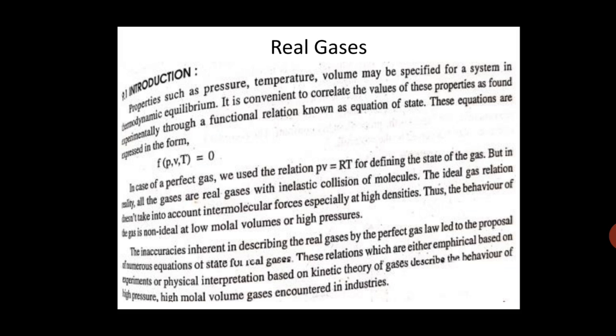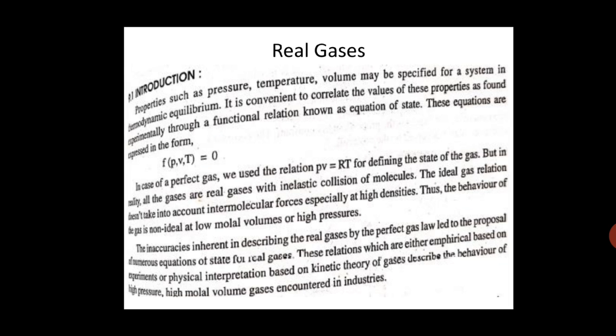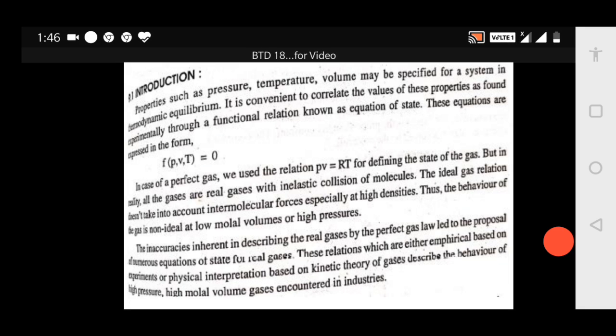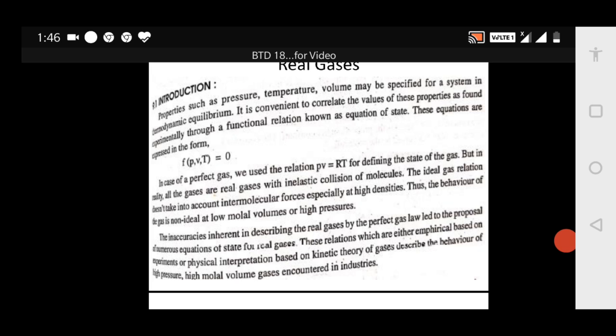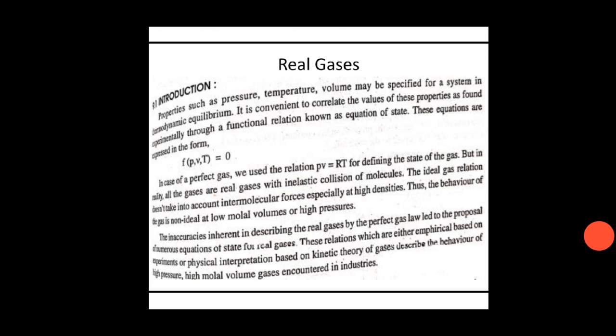In your syllabus, we have a few, like the van der Waals equation. Then we will also see the Beattie-Bridgeman equation. This equation has more constants. The van der Waals equation has only two constants, for two terms.